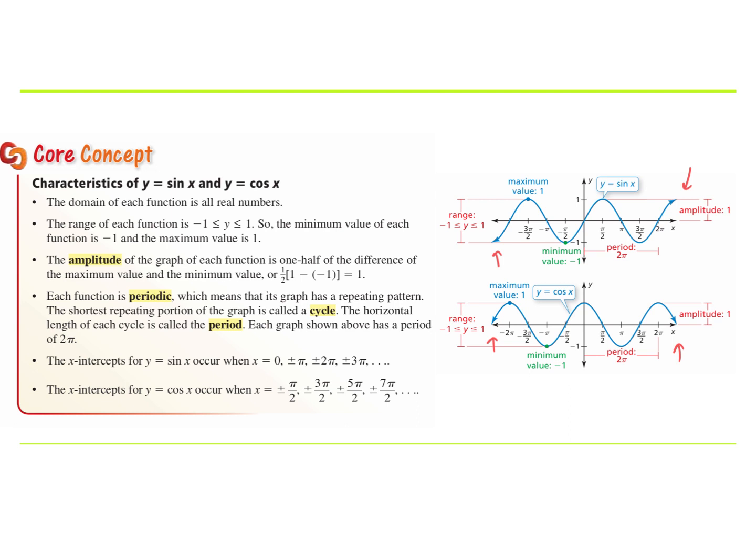The amplitude of the graph of each function is half of the difference of the maximum value and the minimum value. So for the parent graph, it's just going to be from the origin to the first peak up or the first peak down. But since sometimes they're not going to be the parent graph, so they're going to be shifted up, down, left, or right, you're always going to do the difference.